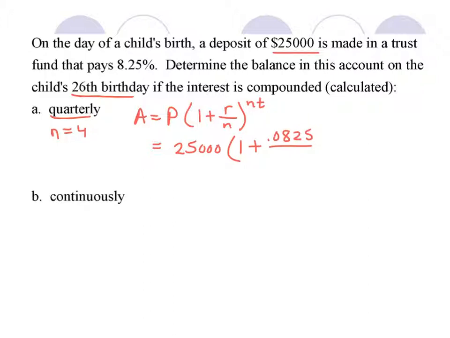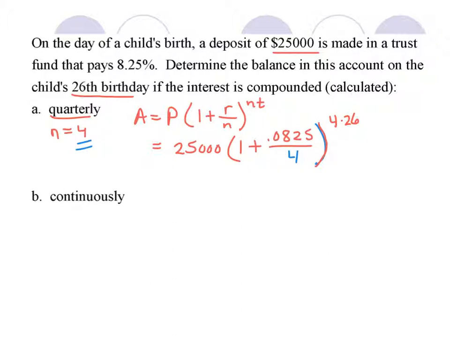And that's split up into 4 times per year, so n is 4. I'm splitting that, literally dividing that interest rate up. And then I'm going to take that to the power of nt. So I've got 4 times a year for 26 years.